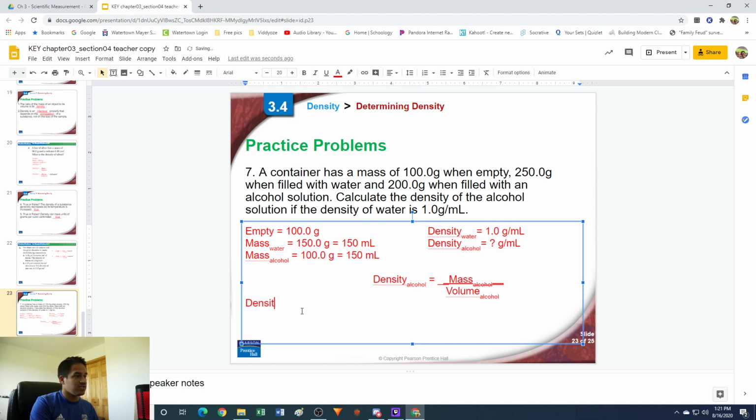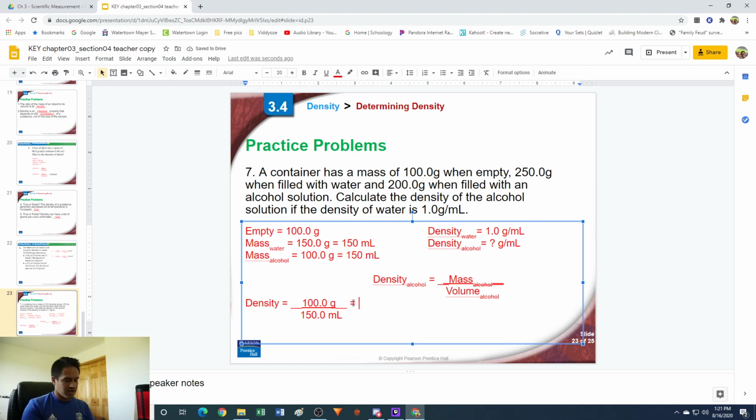So we can find our density by taking 100 grams of the alcohol, based on the information they tell us in the beginning, and dividing that by 150 milliliters. This will give us our density.